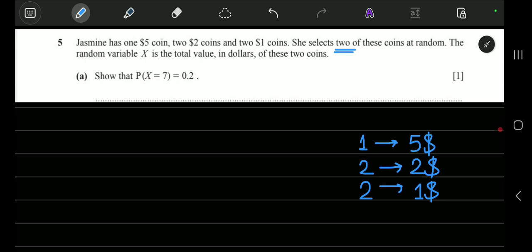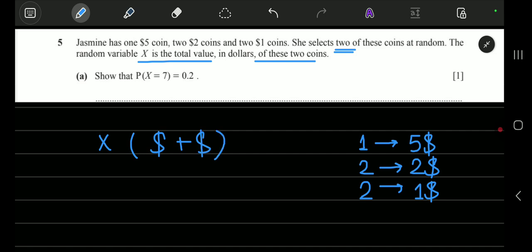When we need to find the probability, what is the random variable? x is the total value of these two coins, meaning x will be the sum of the dollars.